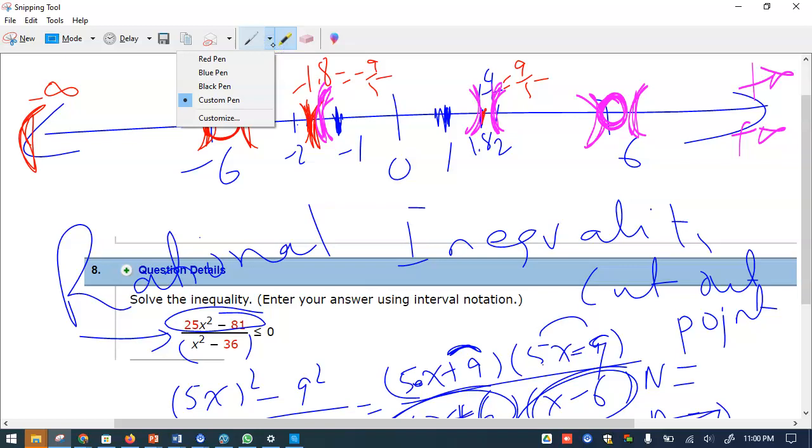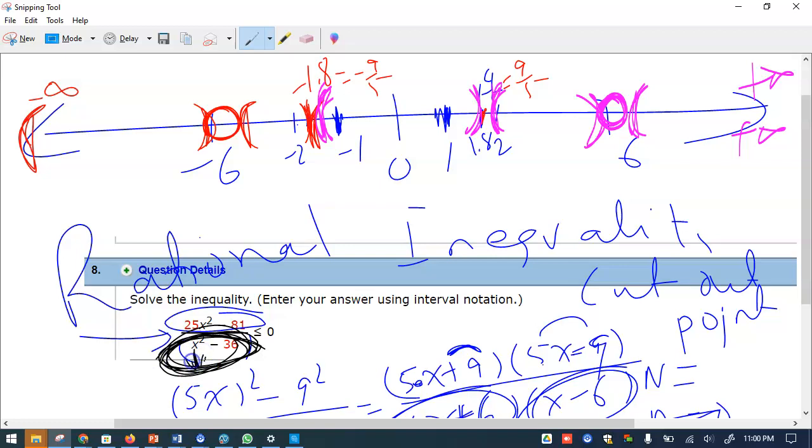And remember that because of the bottom part, you can't have 6 and minus 6, because if you put 6 and minus 6, that will be 36 minus 36, which is 0, and you can't have a 0 in the denominator. So these are the places where you have to be very, very careful. But here you can take minus 9/5, so this could be a box. Here also you can take a box, and here also a box.